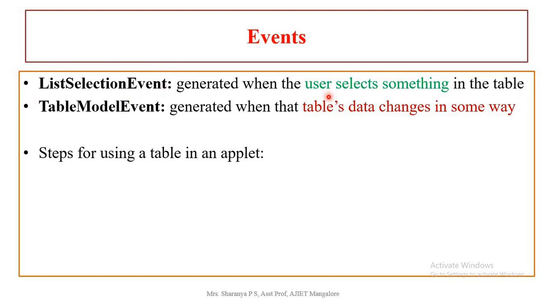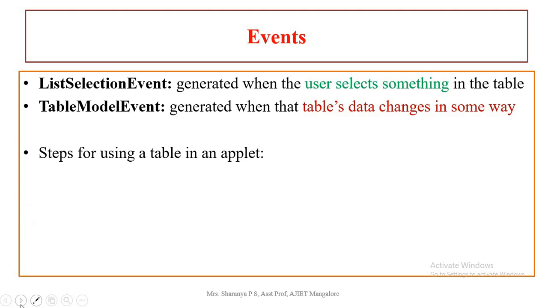Maybe if the user selects the first row, first column, this selection event will be triggered. Suppose the table's data is going to be changed, through some methods we have written with mouse events or button events, and the content of the data is going to be changed, in such a case the table model event will be triggered.